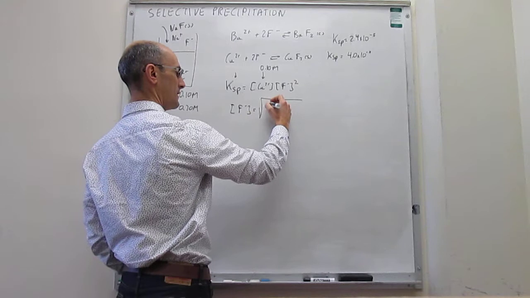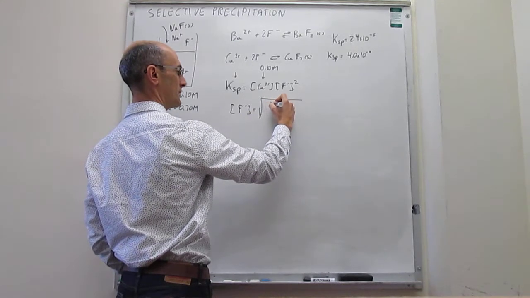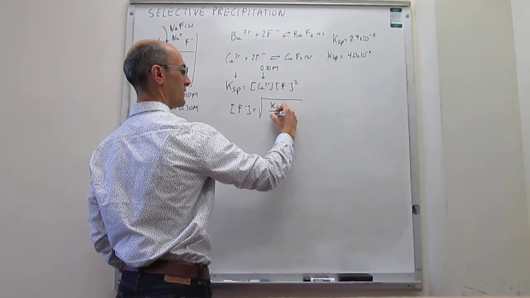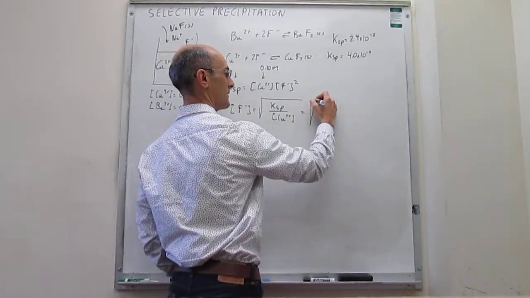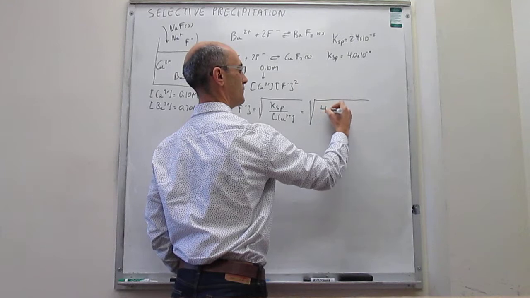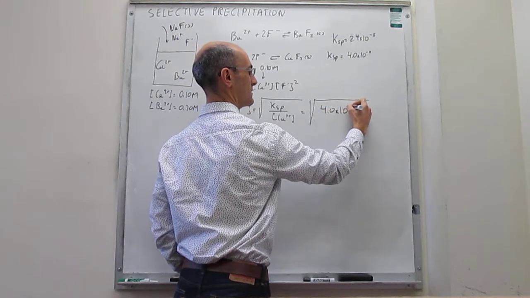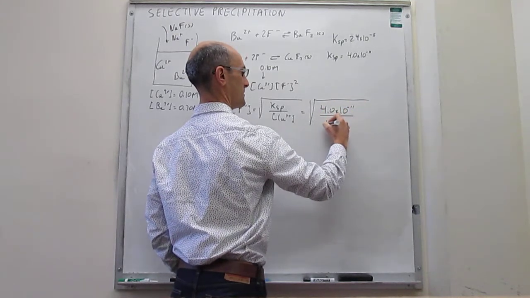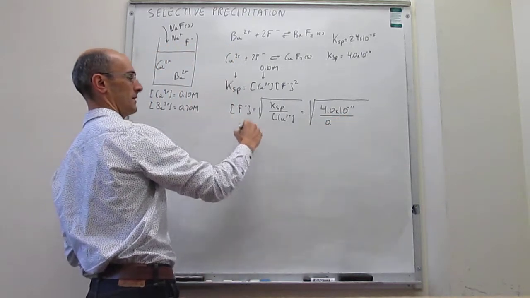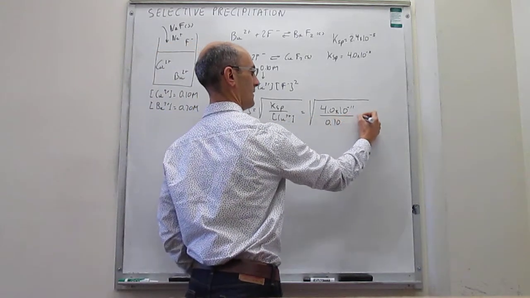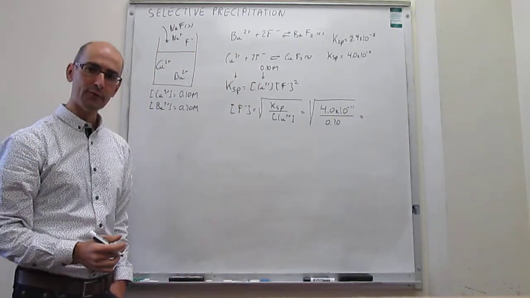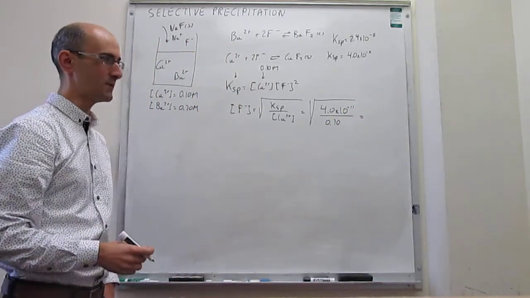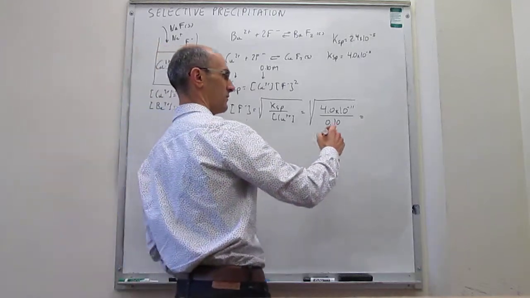It is the square root of the solubility product over the concentration of calcium 2+, the square root of 4.0 times 10 to the minus 11 over 0.10 molar. That gives you a concentration of fluoride minus for calcium fluoride precipitation of 2.0 times 10 to the minus 5.